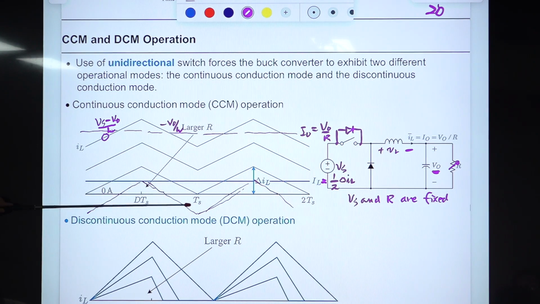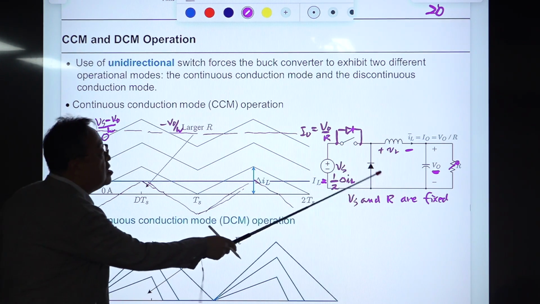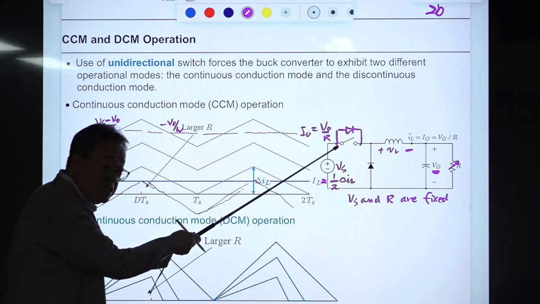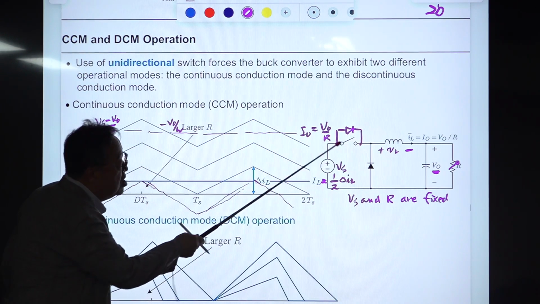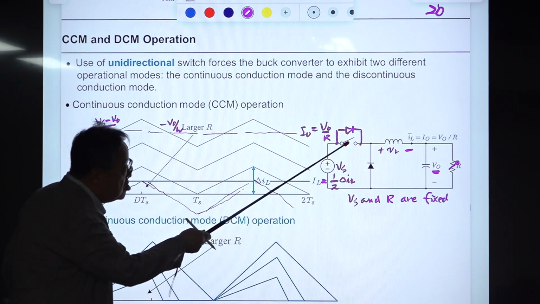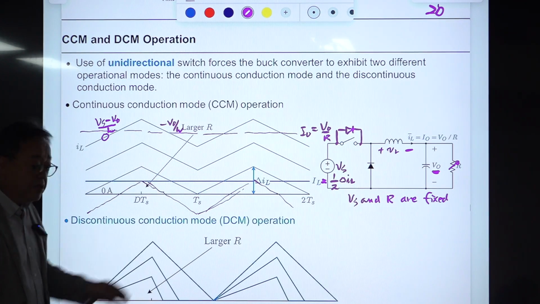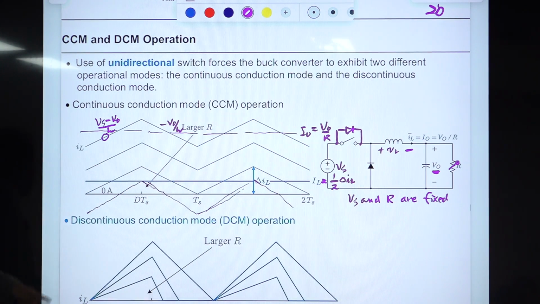Why is that? Because in this period, this current becomes negative. This negative current cannot pass through this, because this channel has disappeared at that time. So this is not true. This is impossible. Let me put an X here.